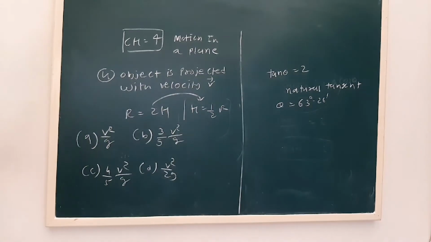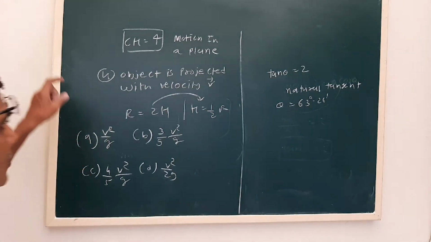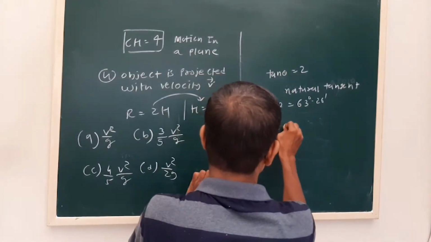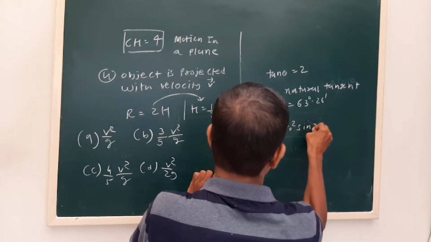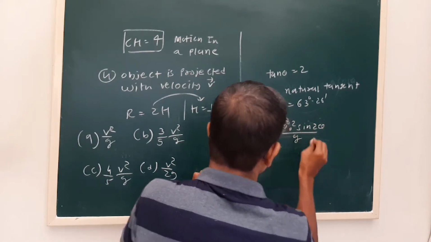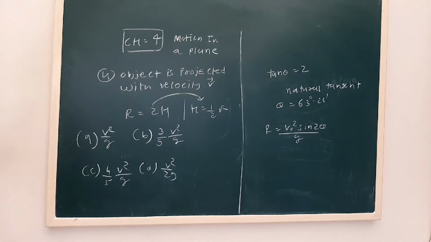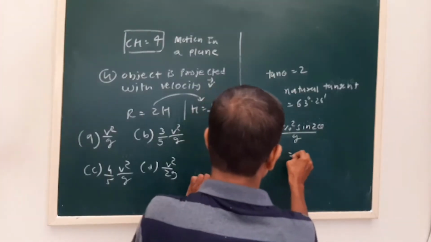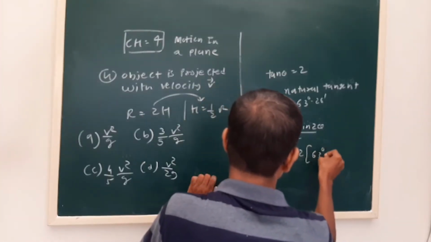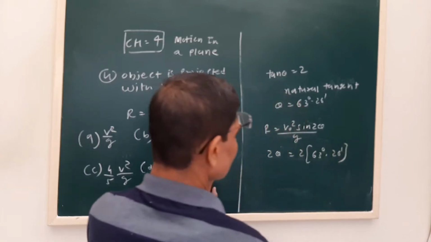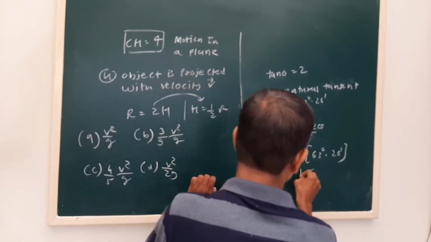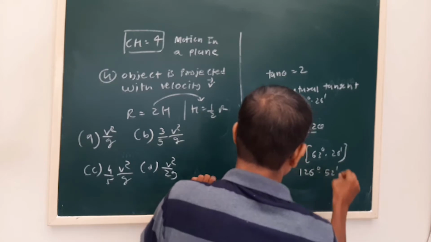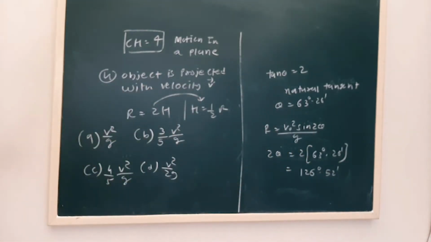Now we have to find out the range. Range is equal to v naught square sine 2 theta upon g. Now see, theta value is obtained here. 2 theta will be 2 into 63, that is 126.